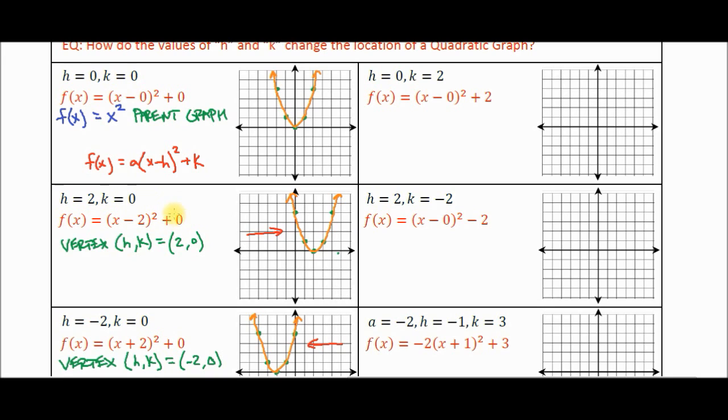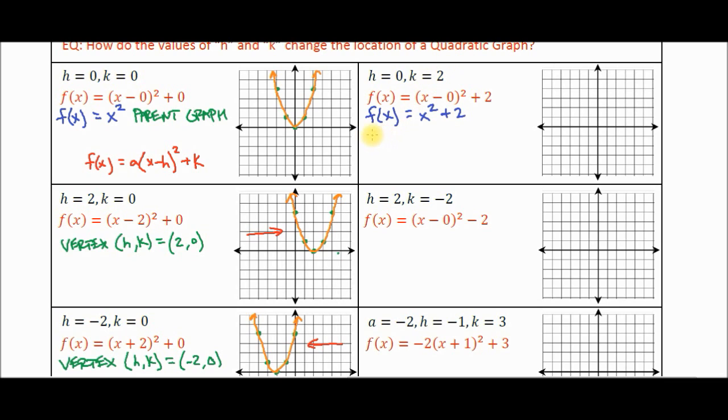The 0 doesn't do anything, so I could have just dropped it off. And the same with the third graph. I could have just dropped it off, because when k is 0, it doesn't do anything. Over here, we could just rewrite this equation as f of x is equal to x squared plus 2. Because the h value of 0 doesn't change the value inside of the parentheses.